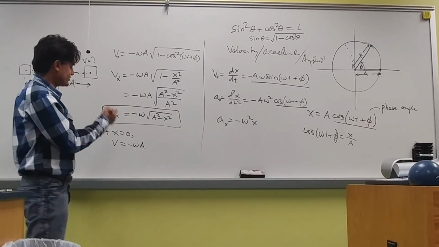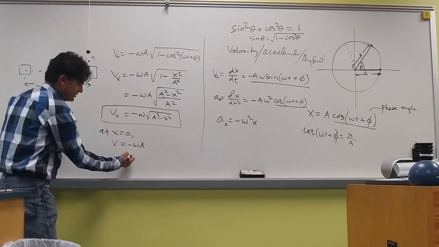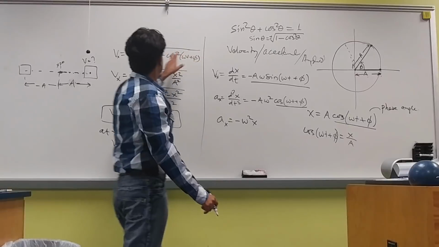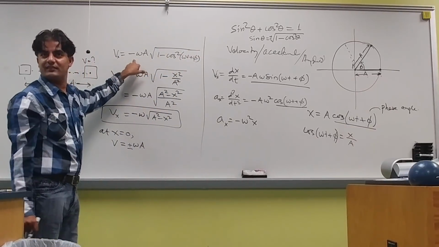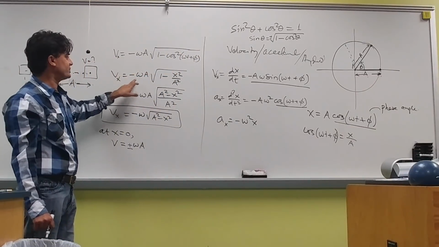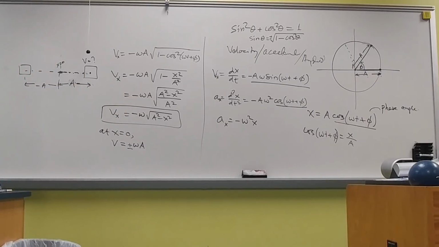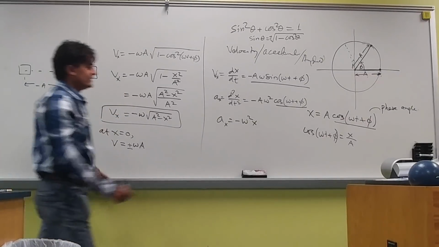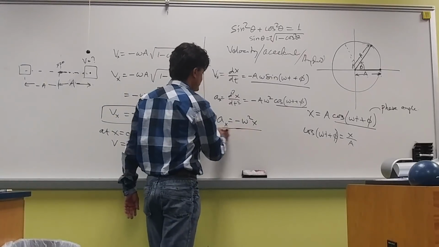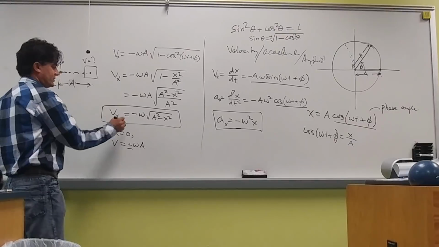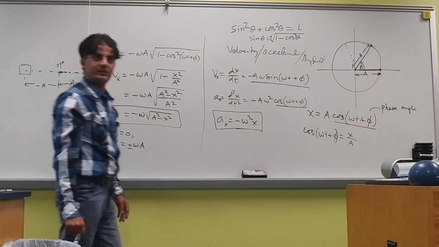This one will be plus or minus, that leads to plus and minus here, and so on. So whatever is the x, your acceleration will be this, and your velocity will be this, with plus and minus anyway.